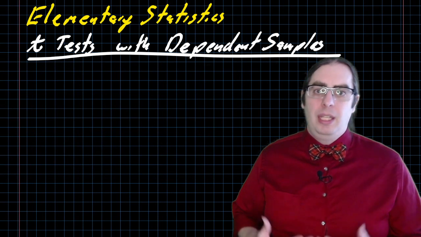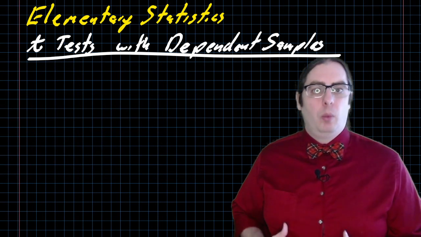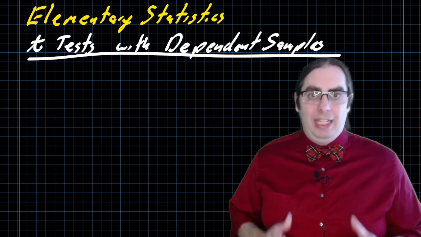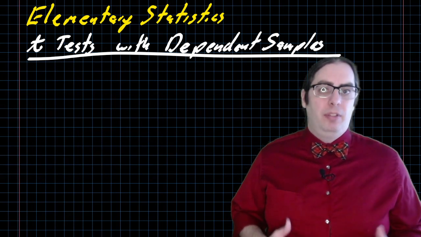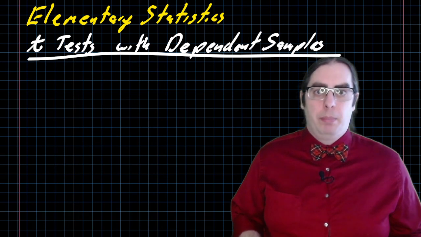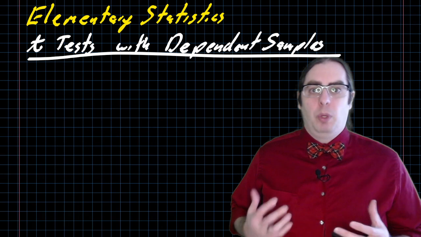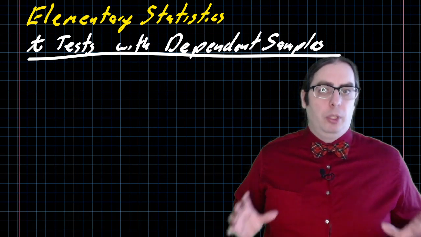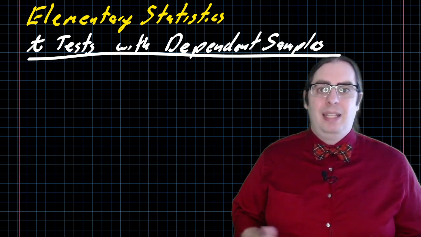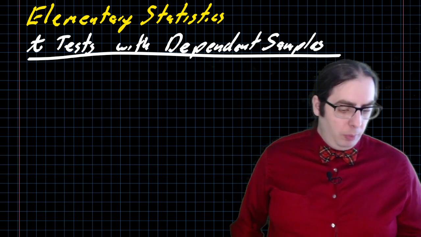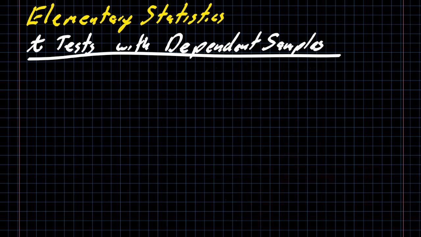Really quickly, dependent samples are where we are comparing, for example, before and after data for individual elements of the population, individual members of the sample. And independent is where we have different groups that we are treating side by side and comparing at the end. And whenever we have dependent samples, we can construct a comparison distribution.